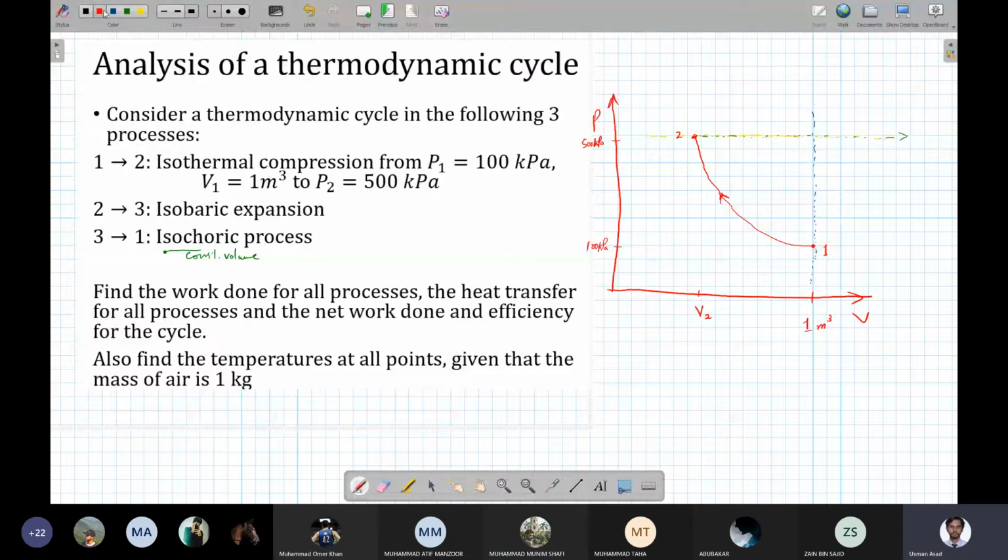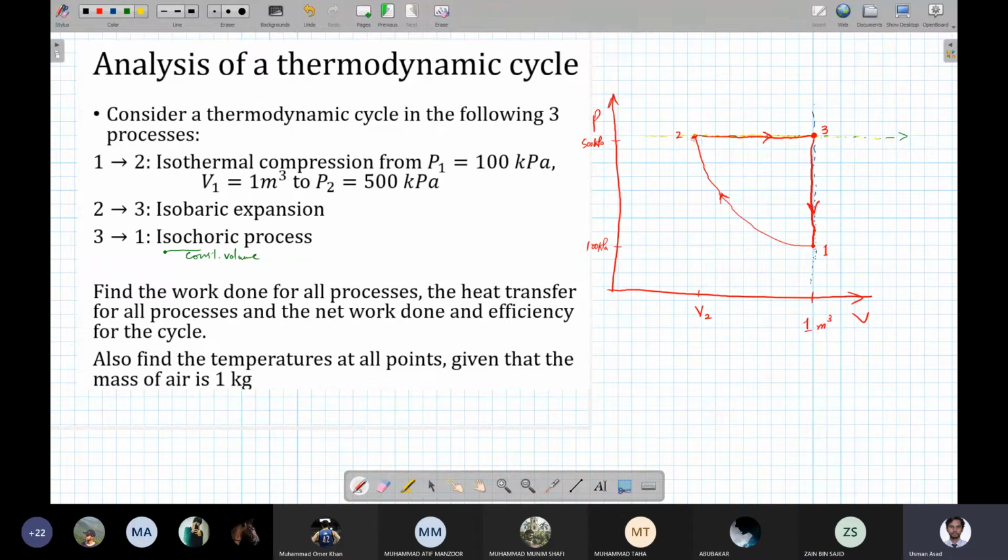So ये थोड़ा सा गंदा सवाल था, honestly, मुझे direct values दे देनी चाहिए थी. But the only way this is possible is if point 3 is over here, and first process 2 to 3 is a constant pressure expansion, and then 3 to 1 is a constant volume process. ठीक है? This is the only way this is possible. So now I've got my 3 processes.